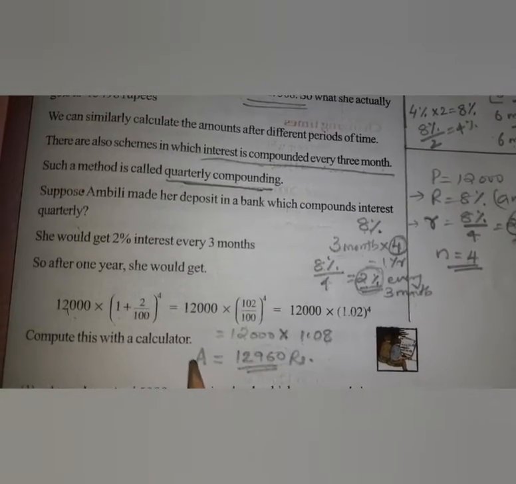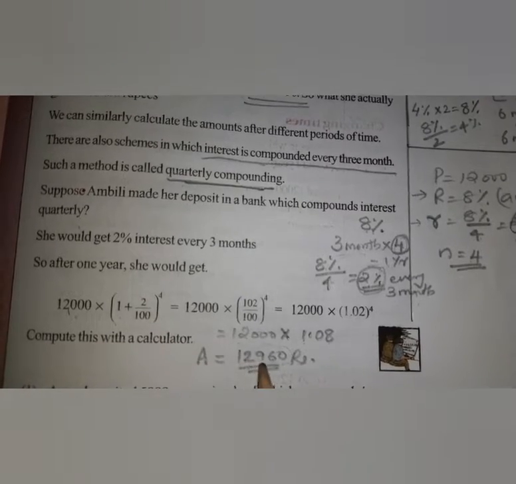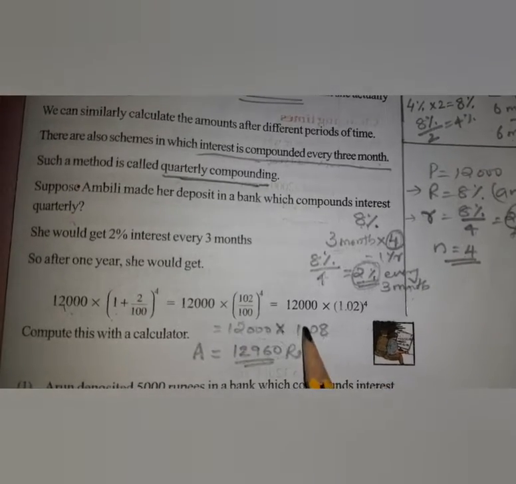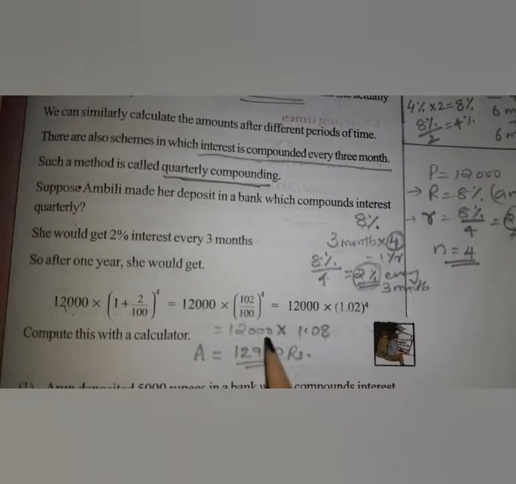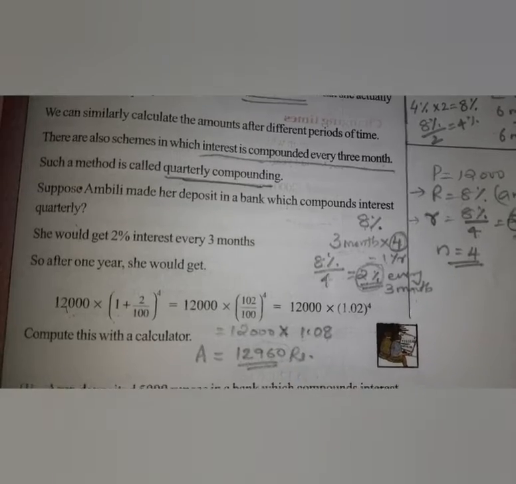So after 1 year the total amount is 12,960 rupees. How did you get this 1.08? 1.02 into 1.02 into 1.02 into 1.02, 4 times you multiply, and you get 1.08. 1.08 into 12,000 gives the final amount after 1 year.